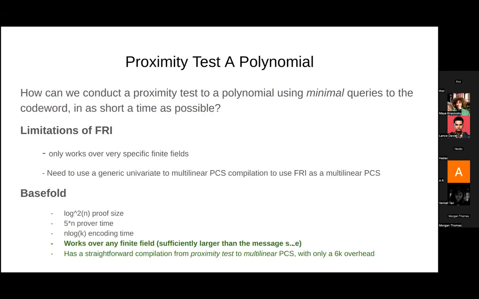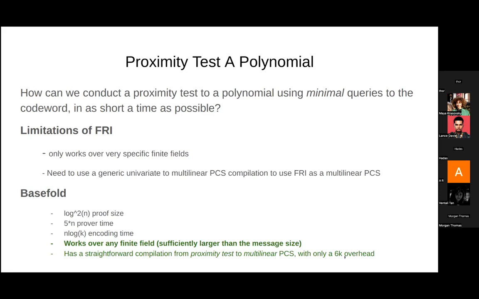And then within that IOPP, we interleave the sum check protocol. So the overhead, all I mean is that there's an additional 6K finite field multiplications in the interactive oracle proof of proximity. But for example, the current FRI PCS has an additional, I think, 4 times n overhead, where n is the block length, the entire message length.